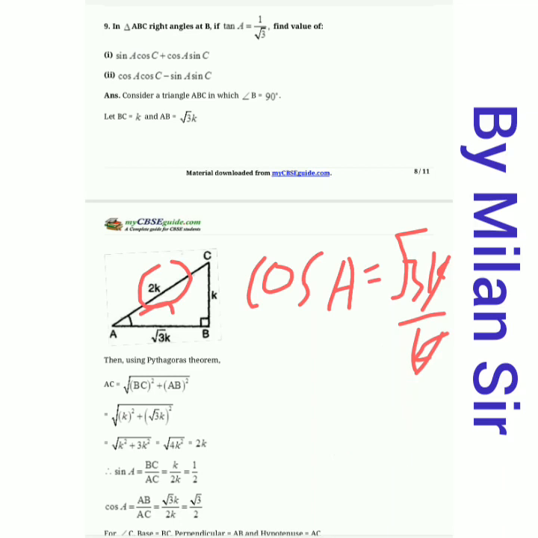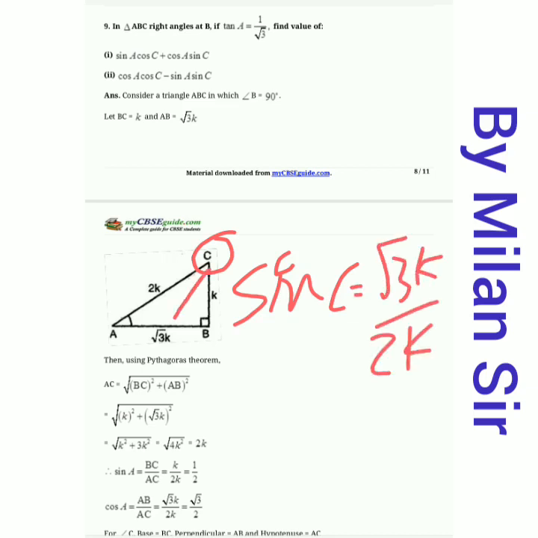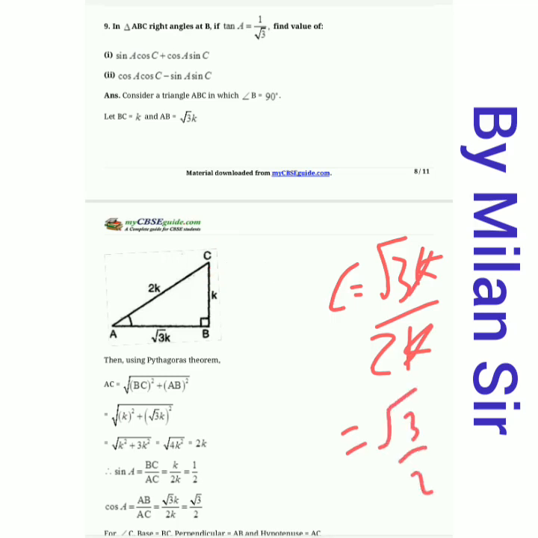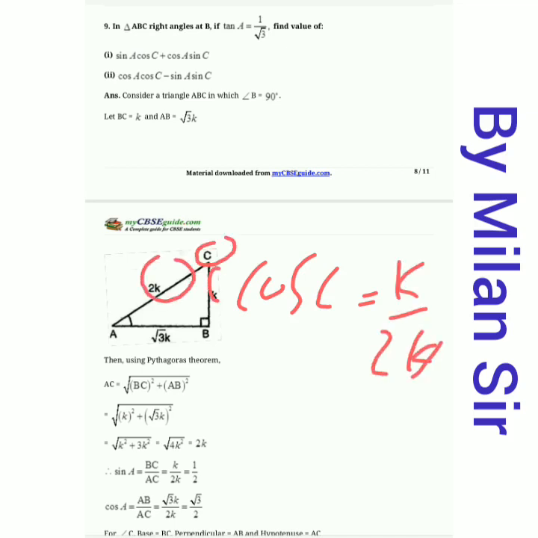Then sin C and cos C. Now C as reference angle, opposite under root 3k upon hypotenuse 2k, so it's under root 3 by 2. Then cos C, C is your reference angle, adjacent k and hypotenuse 2k, k cut, you got 1 by 2.